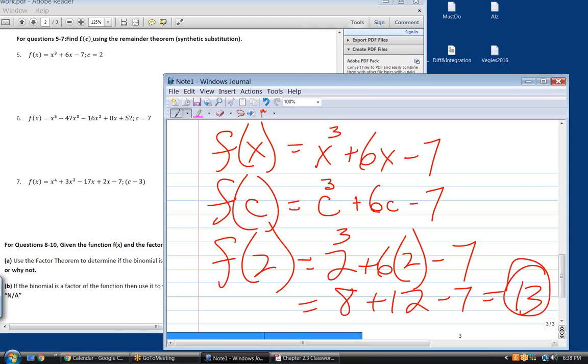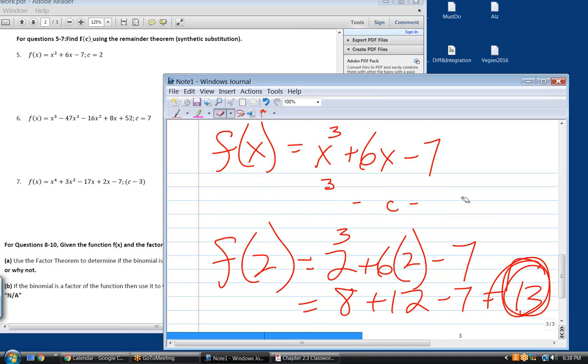Is 2 a 0? Is 2 a 0? Uh-huh. I have no idea. No, it isn't, because it doesn't equal 0. In other words, actually, I think I have an idea of what they're trying to get to here.